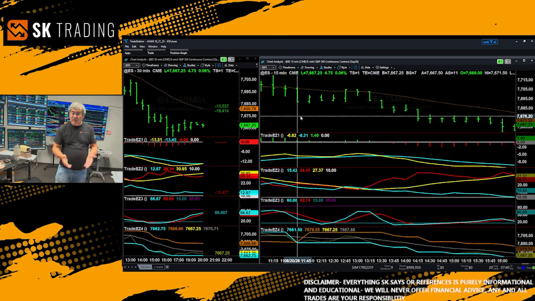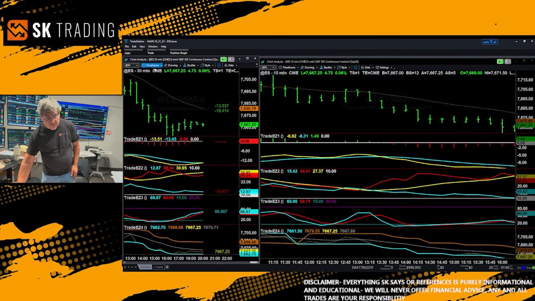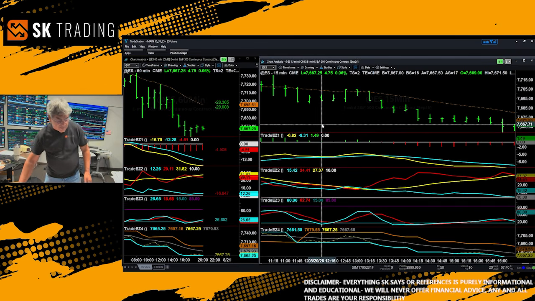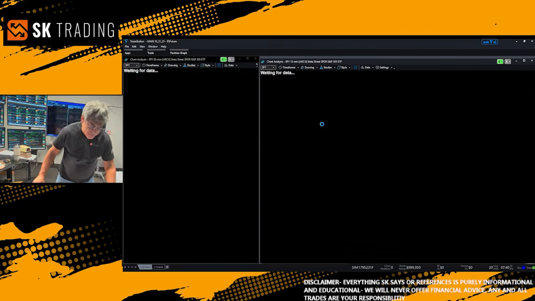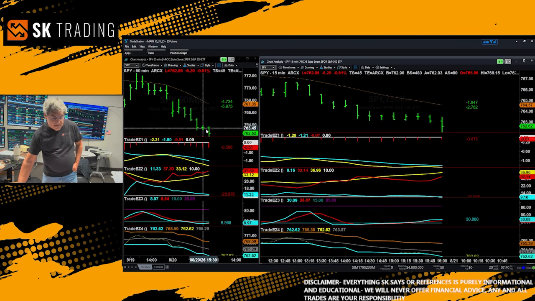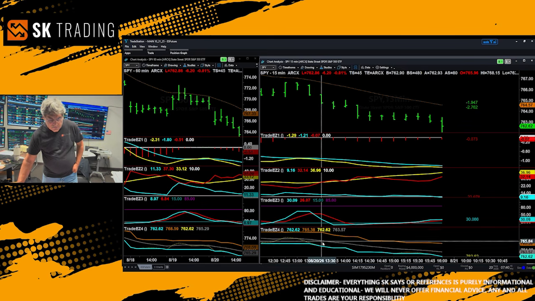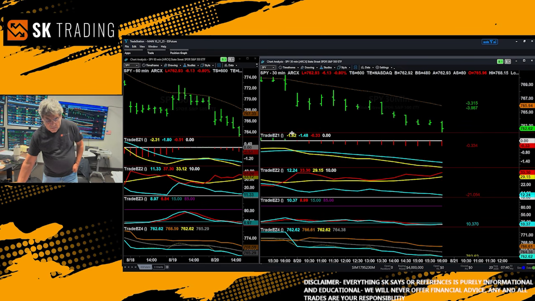The underlying ETFs on the SPY were also completely bearish on the 15, the 30, and the 60-minute time frame. You can see the 60s here. Boom. You can see the underlying ETFs are all bearish, bearish on the 15, bearish on the 30-minute. And then what do you look to do?